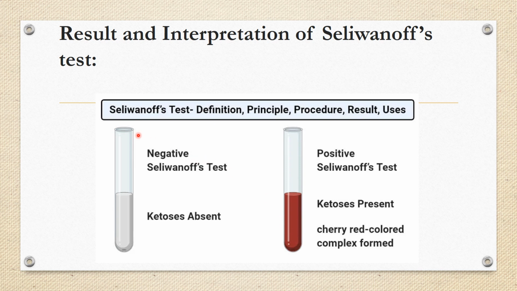And the negative result, or in the blank test tube, we will find there is no cherry red color complex formed in the test tube. So the ketoses are absent.